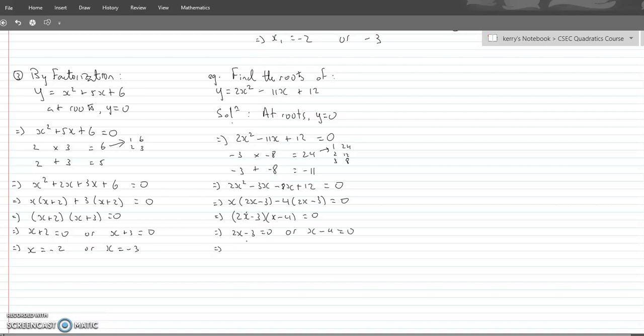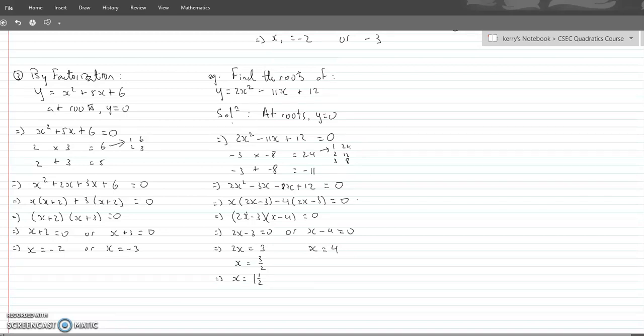I transpose the negative 3. So when you add 3 to both sides, you get 2x is equal to 3, or x, transposing the 2, becomes 3 over 2. Now, maths people, you could leave this as 3 over 2; maths literacy people, for your exam, make sure you change that improper fraction. And for this one, when you transpose, you get x is equal to 4.